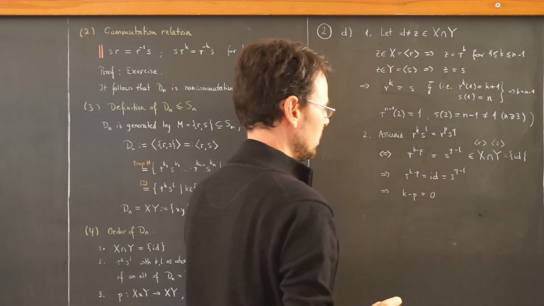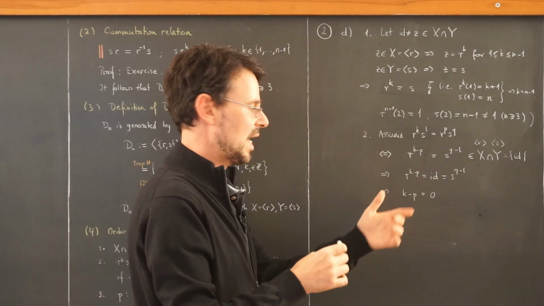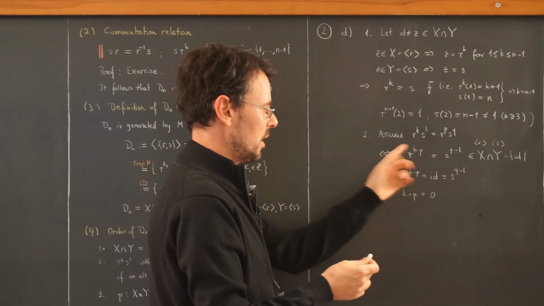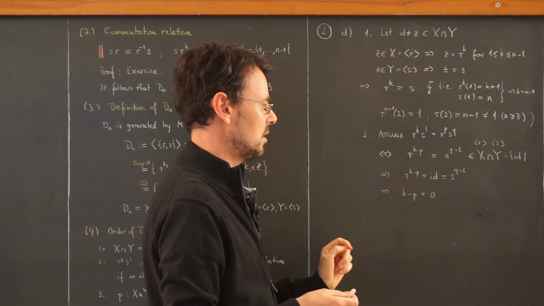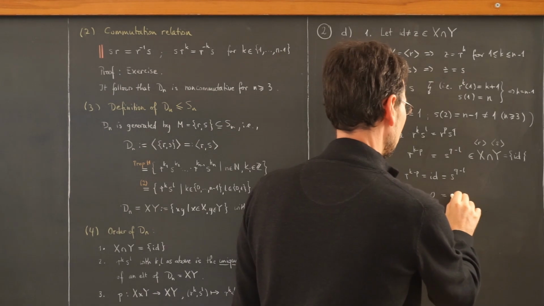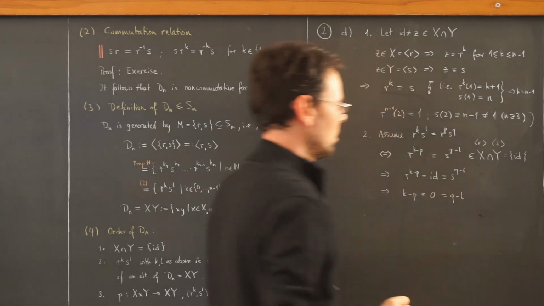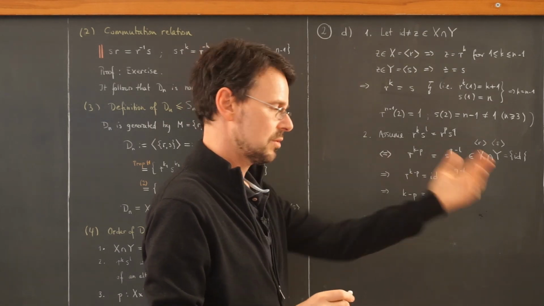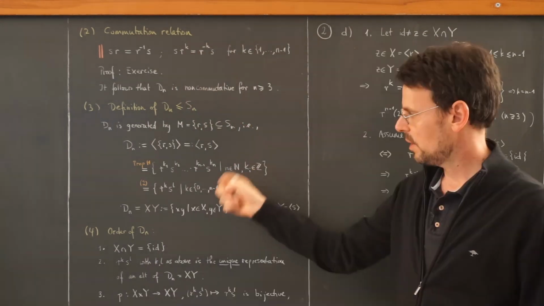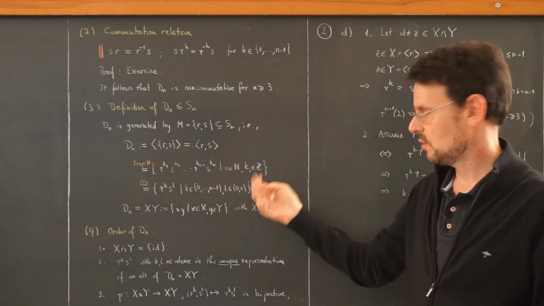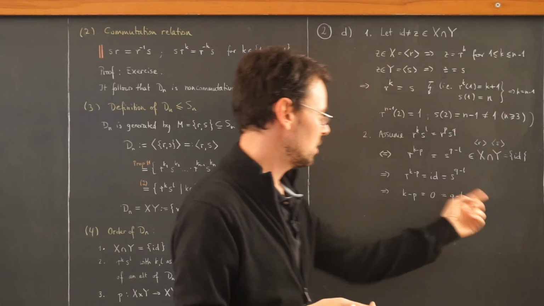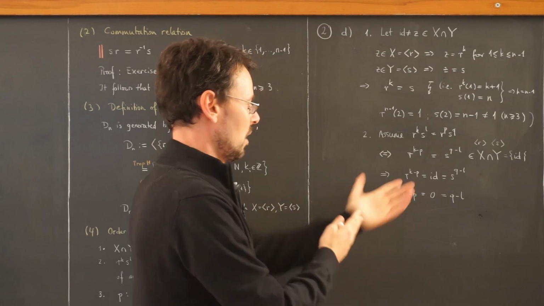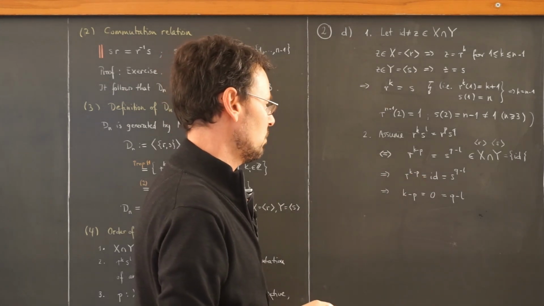So the only possibility for this to be true is if this is 0, because it cannot be n or 2n or any other power that would give me the identity. And the same on the other side. Q minus L must be 0 because it cannot be 2. S squared would be the identity, but the exponents are only 0 or 1. So the only choice I have for them is to be 0.